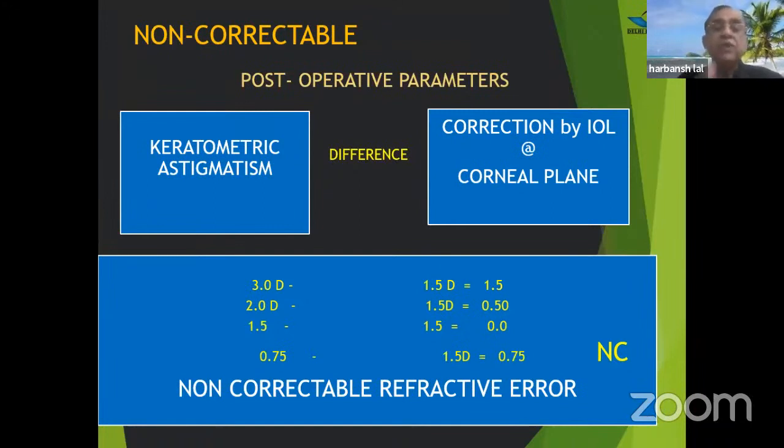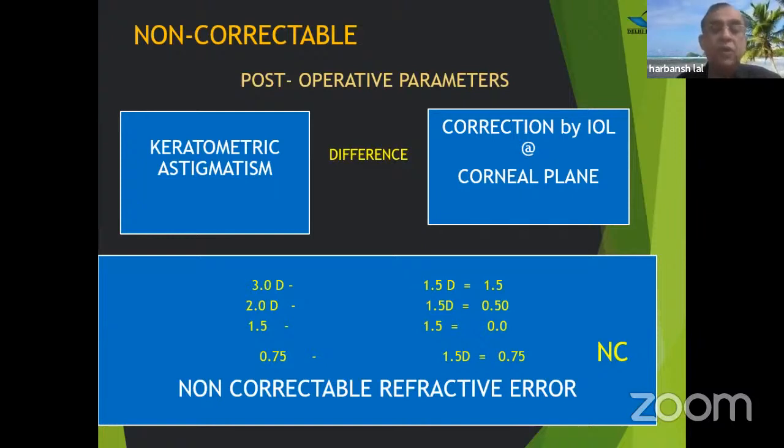So that means if there is a keratometric astigmatism and the lens, it can correct at the corneal plane. Suppose the patient had a keratometric astigmatism of 3 diopter and the lens can correct only 1.5 diopter. Use the lens which can correct at cornea 1.5. So whatever you do, there is 1.5 you cannot correct, wherever you put this lens, because the corneal astigmatism is 3 and the lens can correct only 1.5.